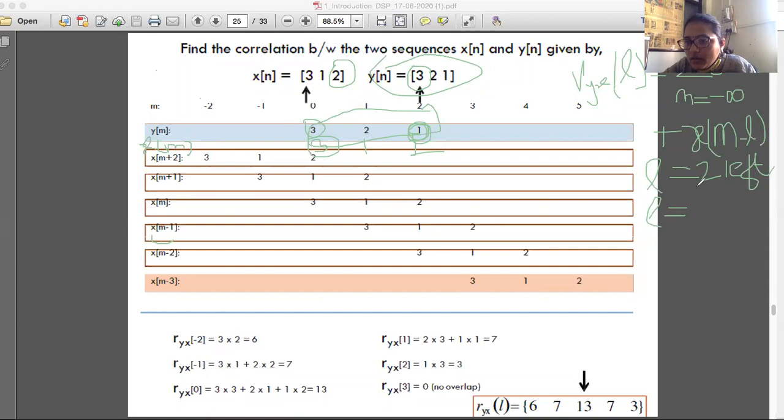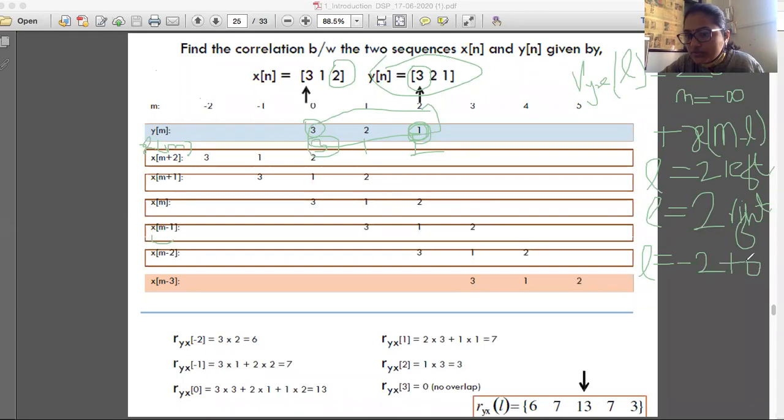So L will consist of 2 units of shift to the right. So I have to shift this signal by 2 units to the right hand side. So my value of L will vary from 2 units left shift to 2 units right shift, right? So the total range of L will be -2 to +2.